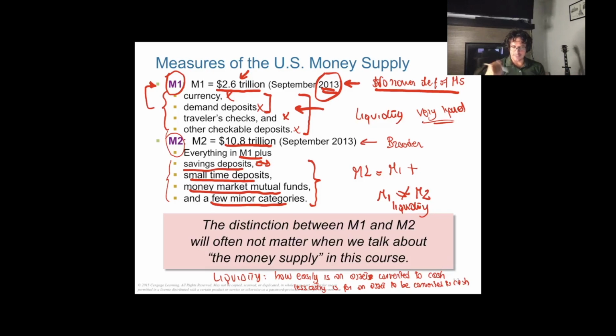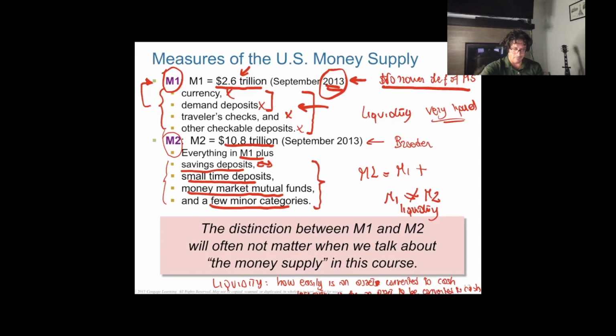Then small time deposits are another example. You can put some deposits there to stay for one week, a month, or three months, and the longer the period in which you want to use this deposit as a form of savings, the higher the interest rate you get. But if you want to withdraw this money, you have to pay a penalty.